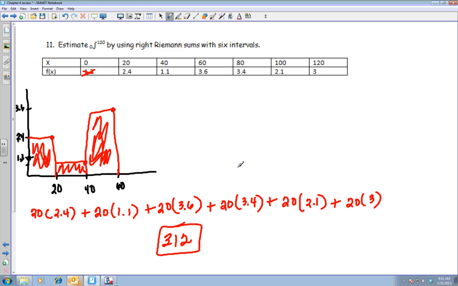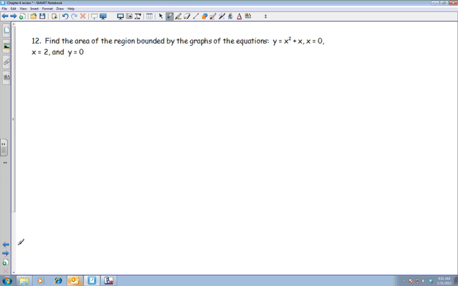Okay. Number 12. Find the area of the region bounded by the graphs of the equations y equals x squared plus x, x equals 0, x equals 2, and y equals 0. Okay, so first of all, I could make a sketch of this. I'm going from 0 to 2.